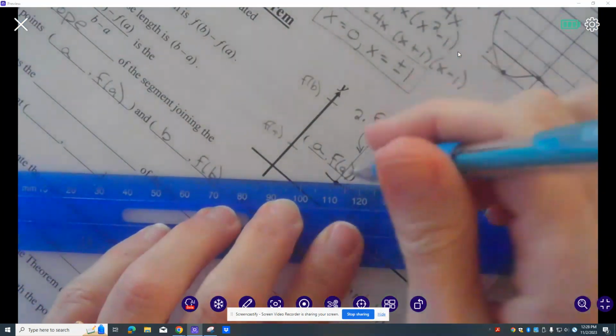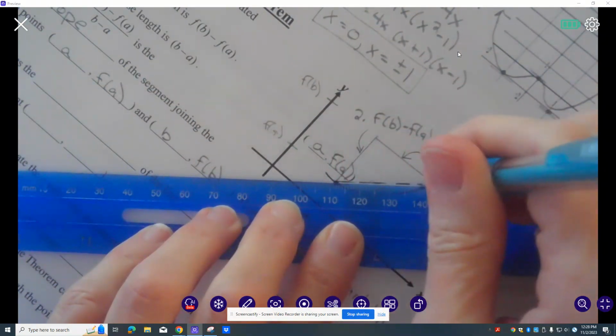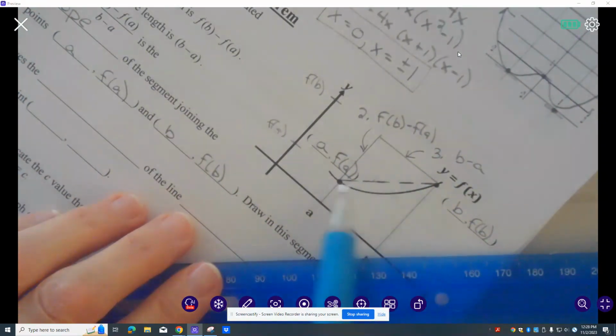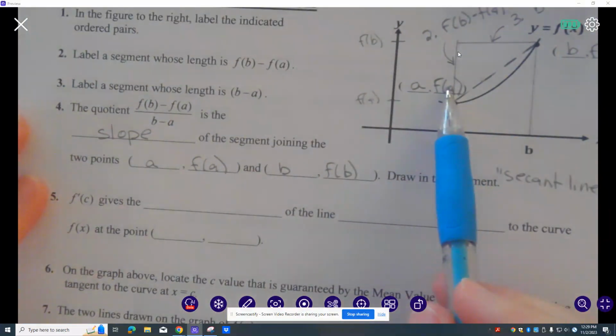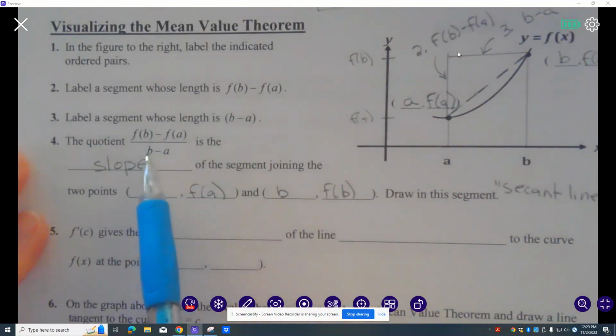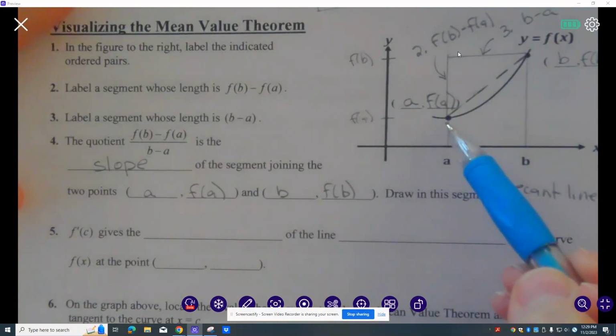I'm going to do a dashed line between here. So this is the slope that they're asking for from this point to this point. And so f of b minus f of a is the same as y2 minus y1 over x2 minus x1. So we call that the slope of the secant line.